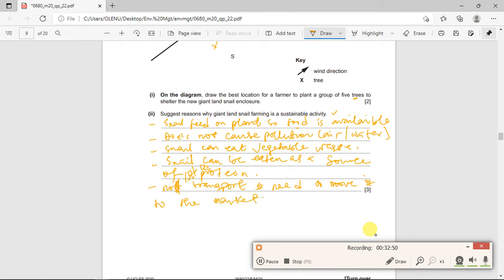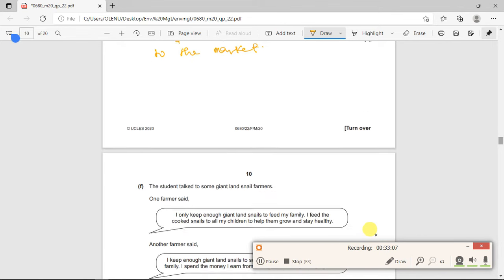So what makes it sustainable is that it does not have any harmful effect to the environment. It's also good for humans. Another thing you should look at when asked questions like this is that the material needed for its production is easily available. That makes it sustainable.